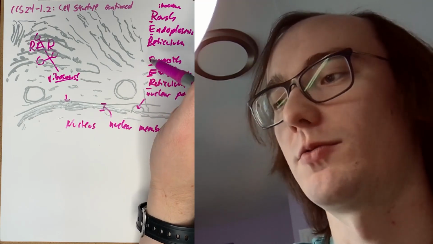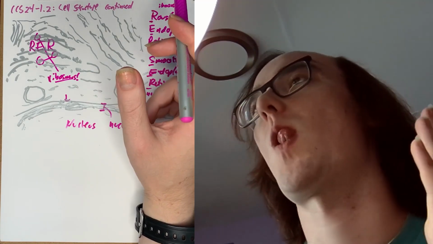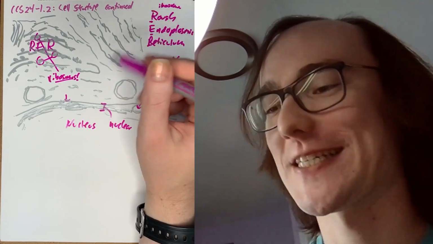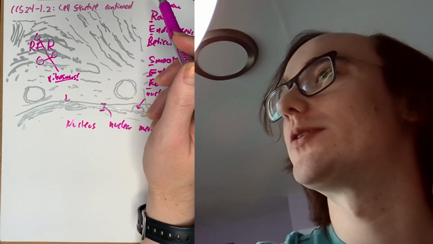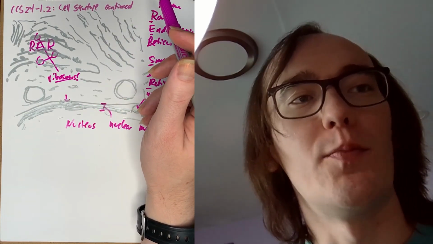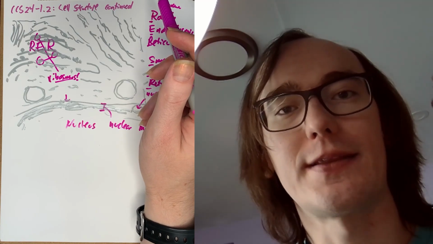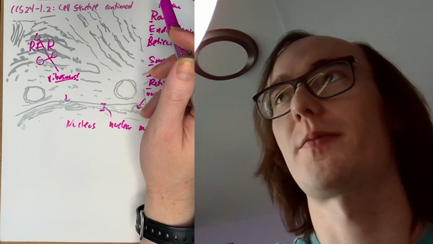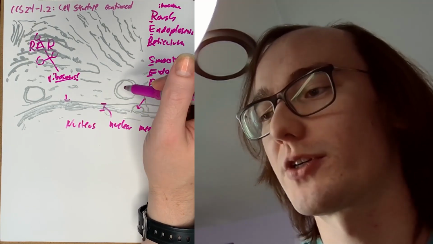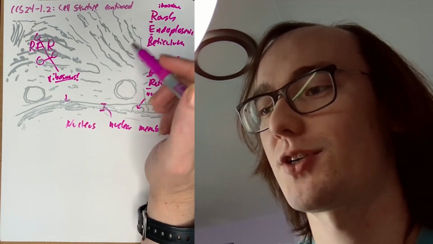As a general rule, rough endoplasmic reticulum is adjacent to the nucleus and smooth is further away, which gives you an immediate impression of how, because the ribosomes are so important and the DNA itself is so important and the RNA, which takes information from the DNA to the ribosomes, is so important, you want that all protected by additional layers of stuff.